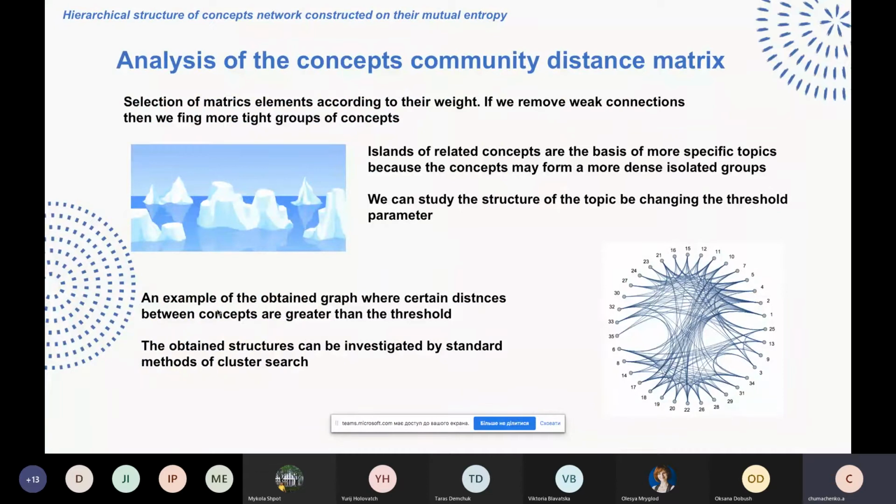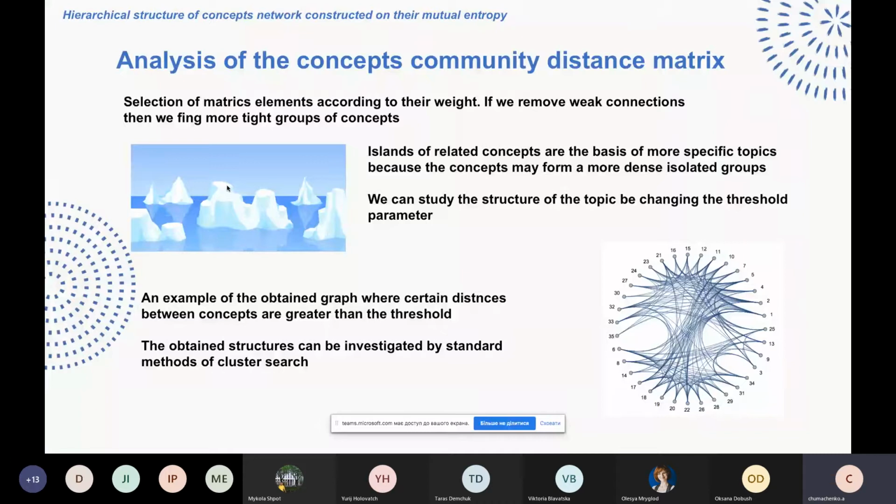As an example, we have a picture here. For example, it's ice cubes, but you can imagine some mountain valley which is filled with water. In some sense, we put some threshold parameter, and we cancel those connections which become greater than this threshold.